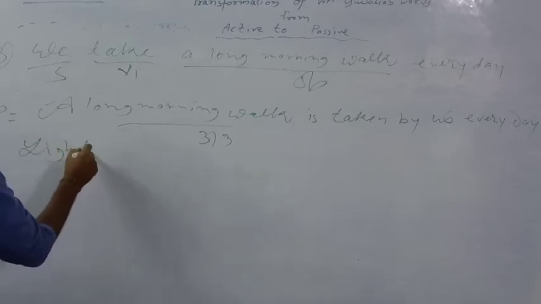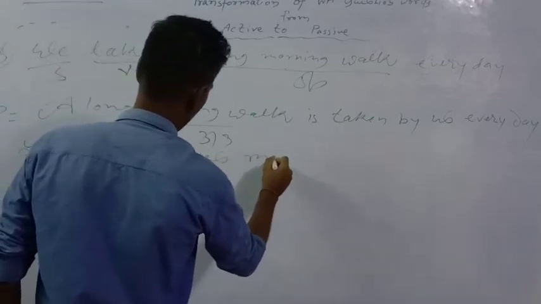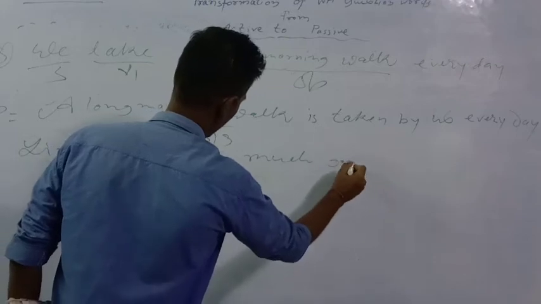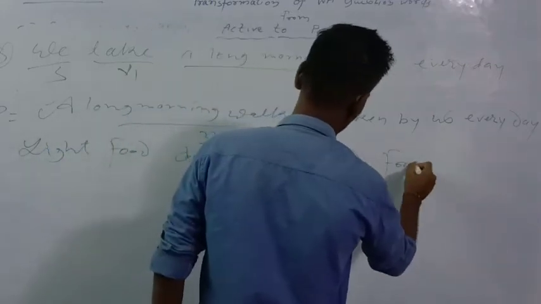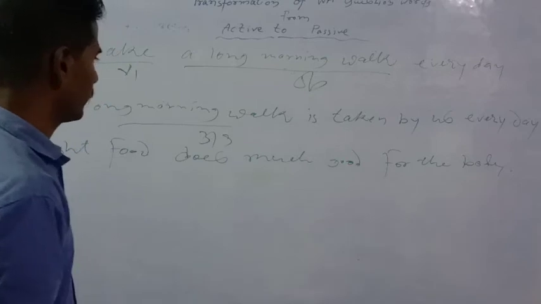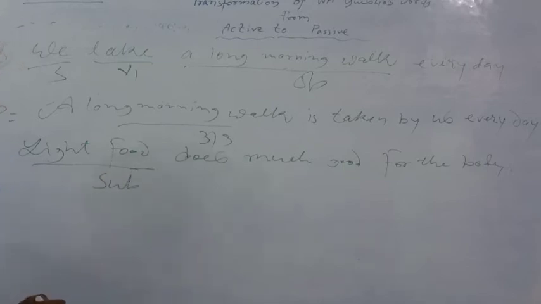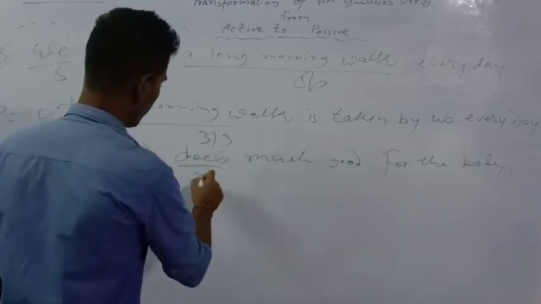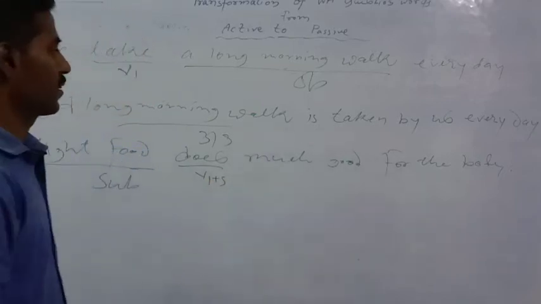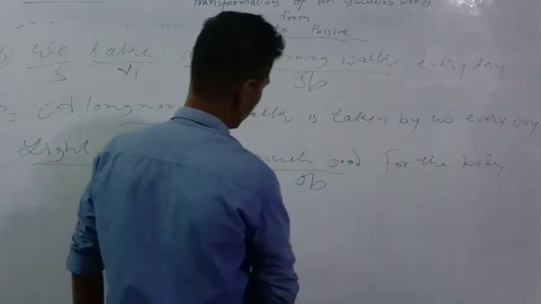Number 4, light food does much good to the body. So light food, we are talking about the light food, so light food is the subject. Does, this is the verb, V1 plus S. What does? Much good, this is the object.